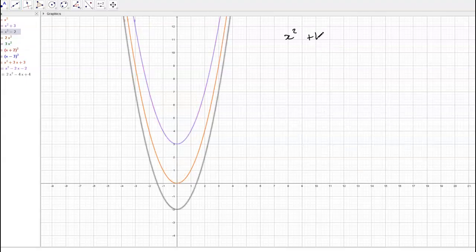Now let's have x squared plus a constant. In this case, we're going to call it b. We have x squared. The lower one is x squared minus 2, and the upper one is x squared plus 3. We notice that the constant, the b value, determines where the curve is going to be on the y-axis.